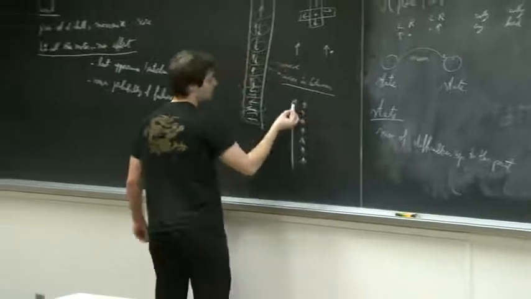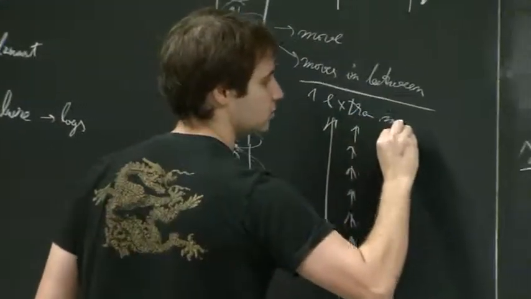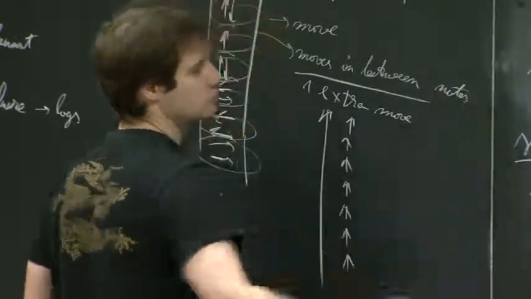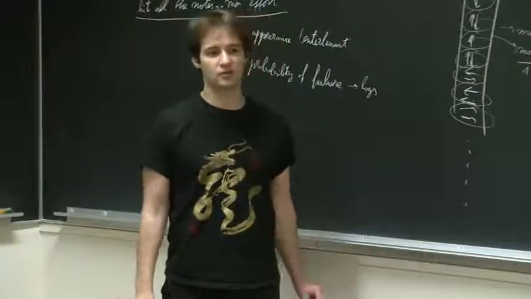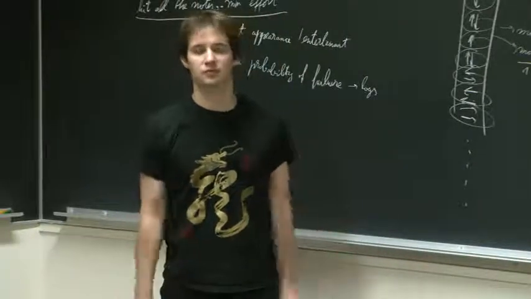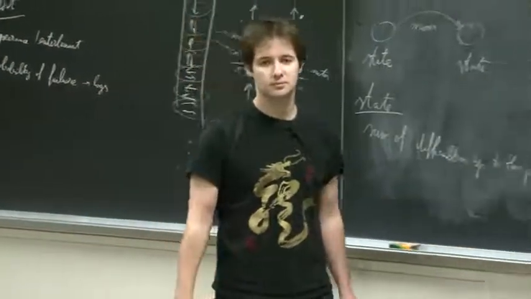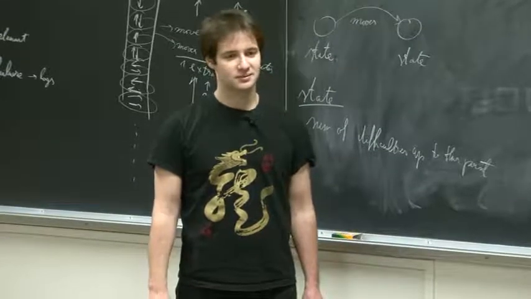So one extra move between every two nodes. And that's enough, because that one extra state allows you to recenter, and it allows you to do pretty much everything a beginner like me would know how to do. So you only need one extra state between each move.